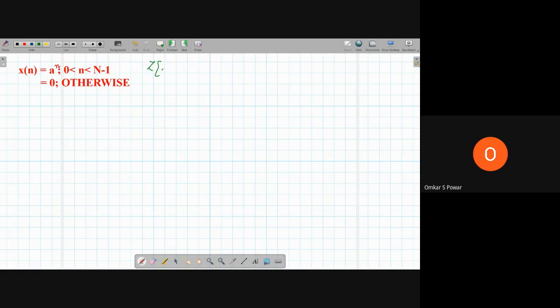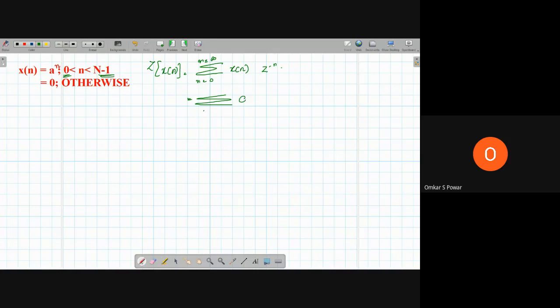The Z transform of x of n is equal to summation n varies between 0 to infinity of x of n z power minus n. Now what is your x of n? x of n is nothing but a power of n. What is the range? 0 to N minus 1. So let us substitute that.